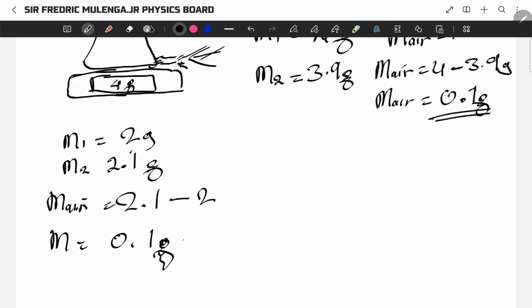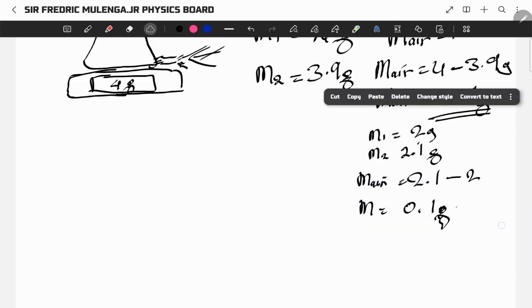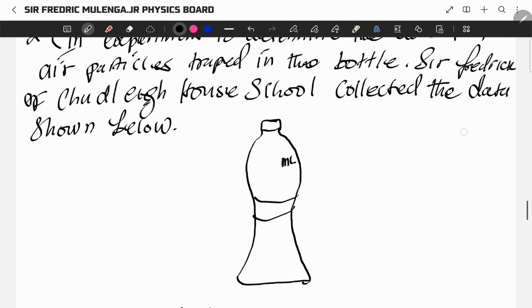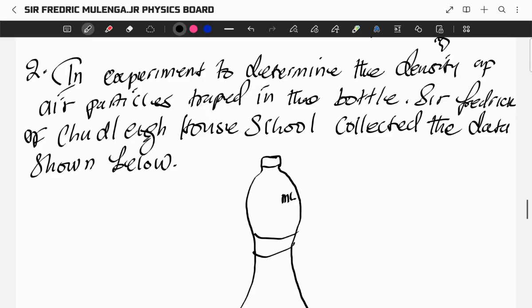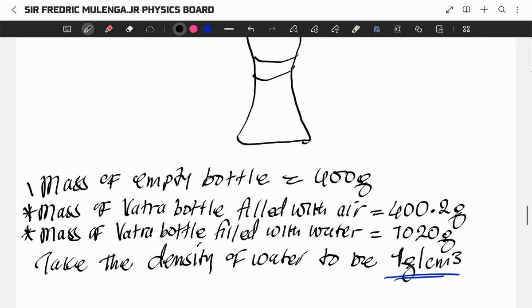All right. So now, having looked at this technique, let's see how we can solve this problem. We have a problem presented to us. In an experiment to determine the density of air particles trapped in the bottle, Sir Fredrick of Charterhouse School collected the data shown below.